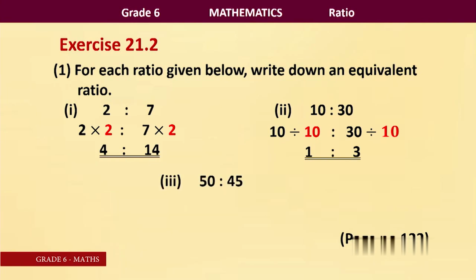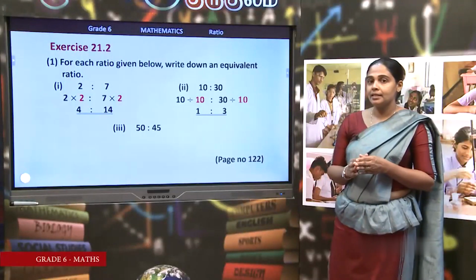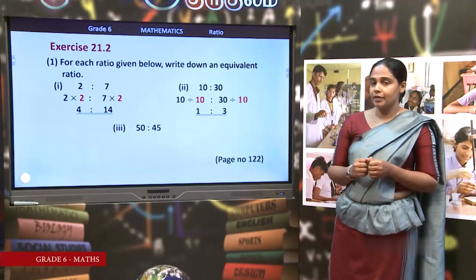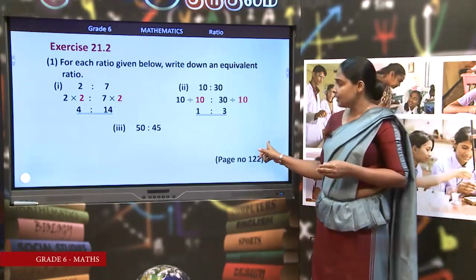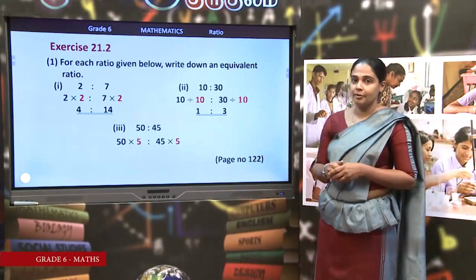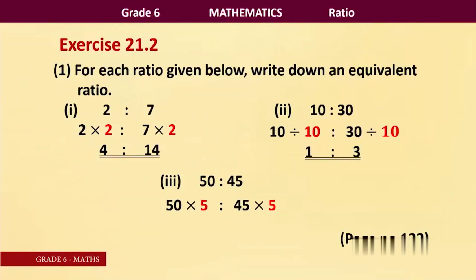50 to 45. How can you write down the equivalent ratio? You can multiply by 2, 3, 4, any number. But here 50 and 45 are divisible. You can use any method. Here I use multiplication: 50 multiplied by 5, 45 multiplied by 5. Then the answer is 250 to 225.